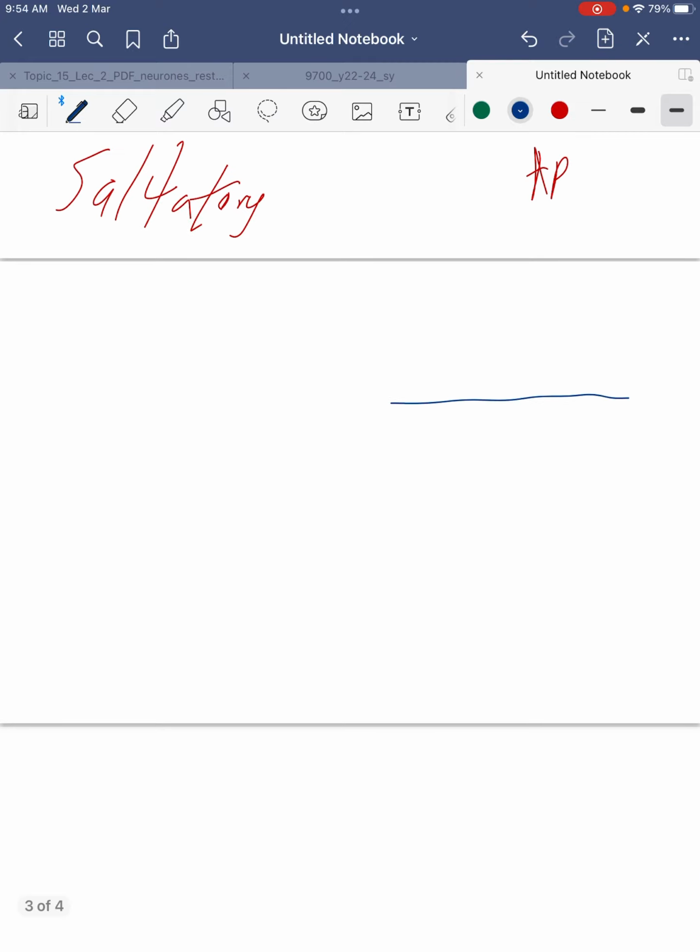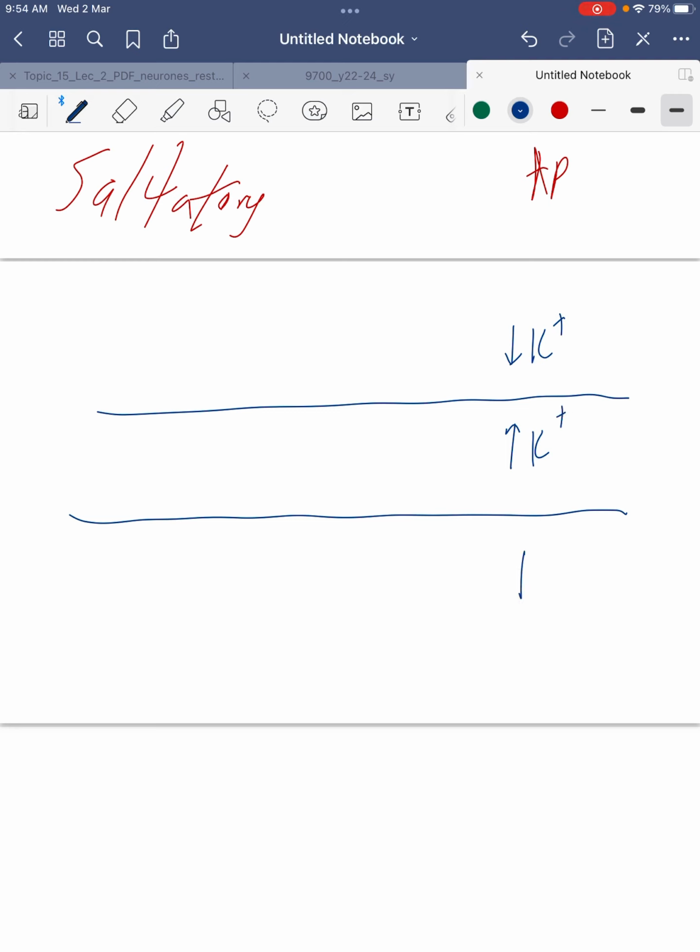So we can draw an axon here. Remember, the inside has more potassium and the outside has less potassium. The inside has less sodium, and the outside has more sodium.